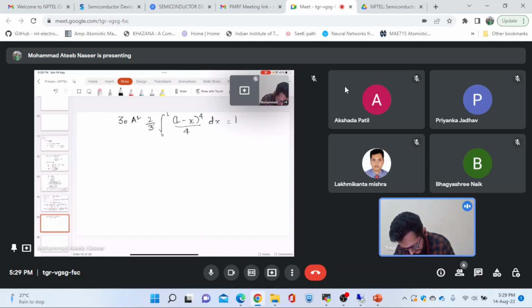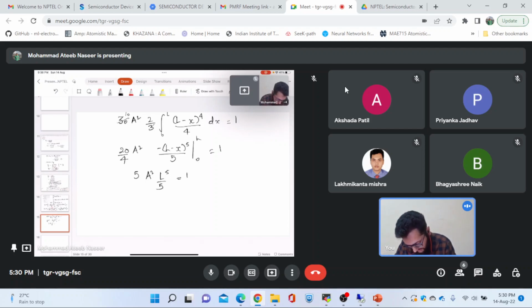Now this 3 will cancel with this, it will be 10. I will be left with 20a squared divided by 4. The integral from 0 to L will simply give me (L minus x) to the power 5 by 5 with limits between 0 to L equal to 1. So now if I put the limit L it will simply vanish, and when I put the limit 0, it will give me L to the power 5 by 5. So this is a squared, 20 by 4 will be 5, equal to 1.